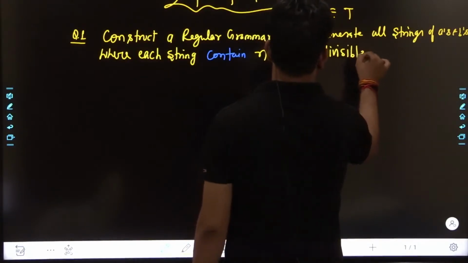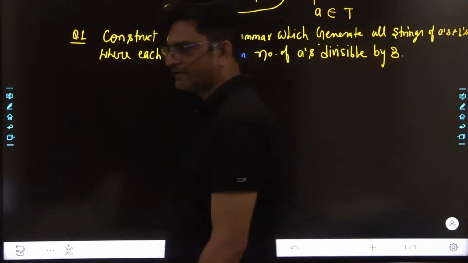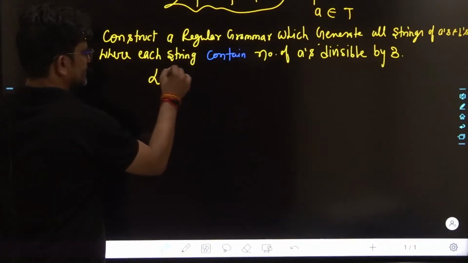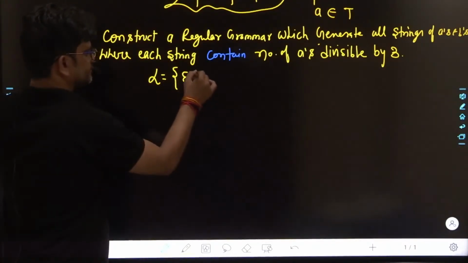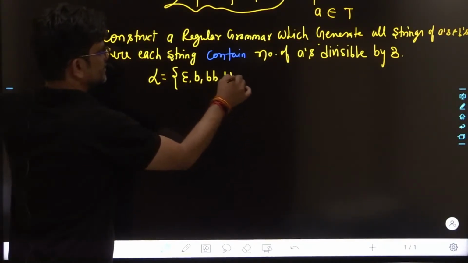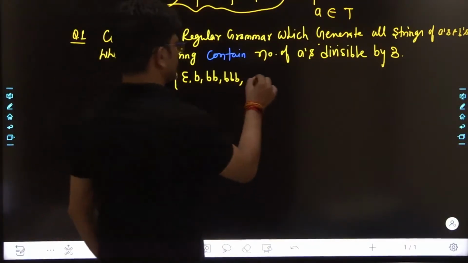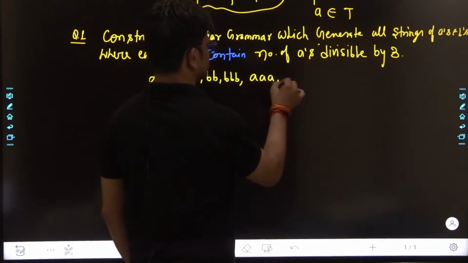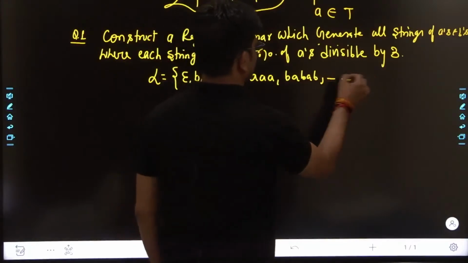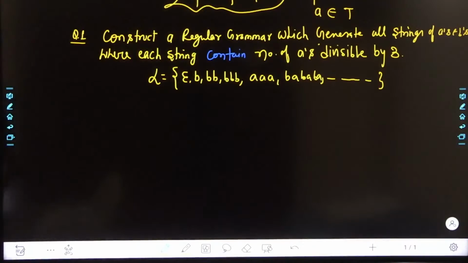This language contains the strings epsilon, single B, double B, triple B, any number of B's, triple A, BABABA, and many more strings. Clear?